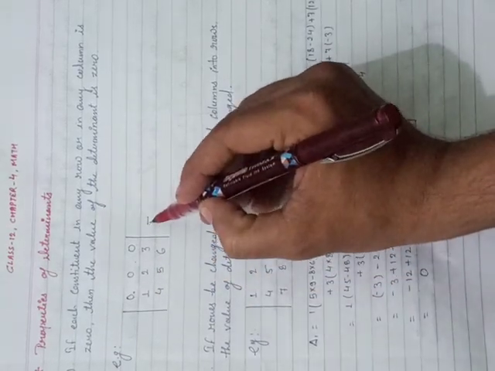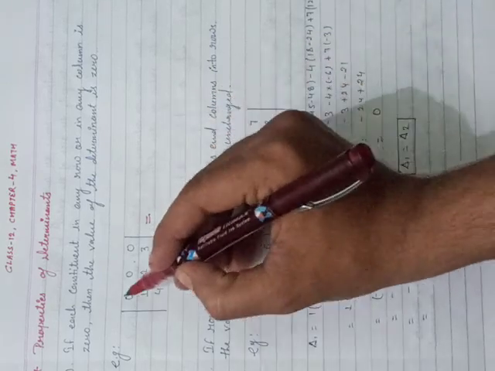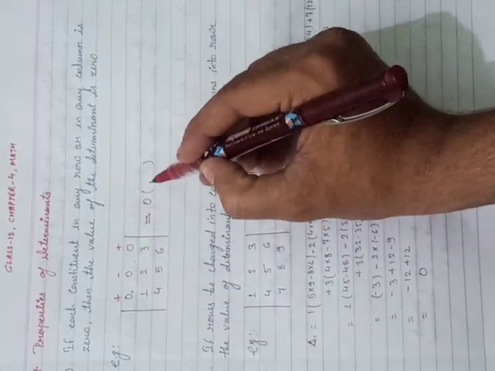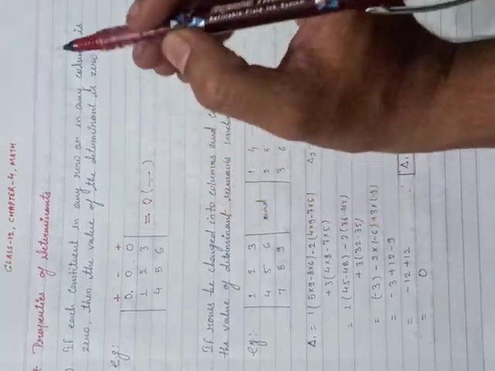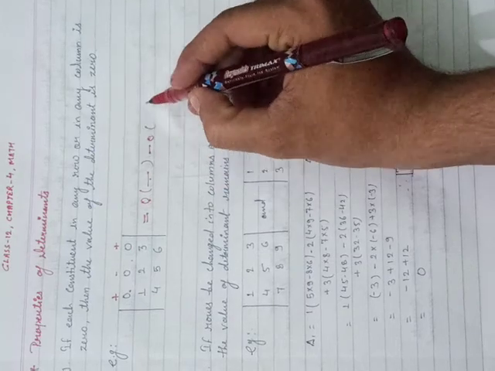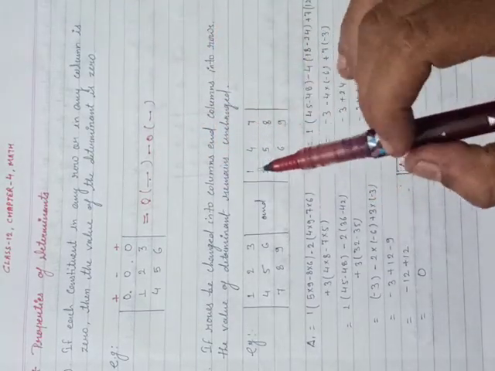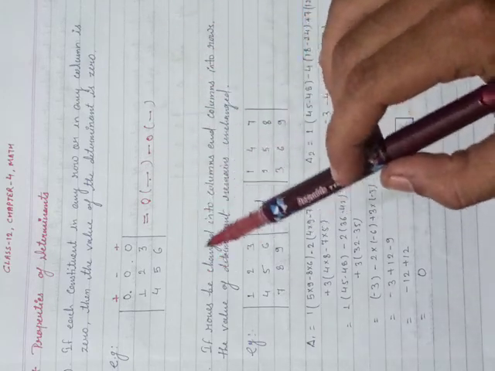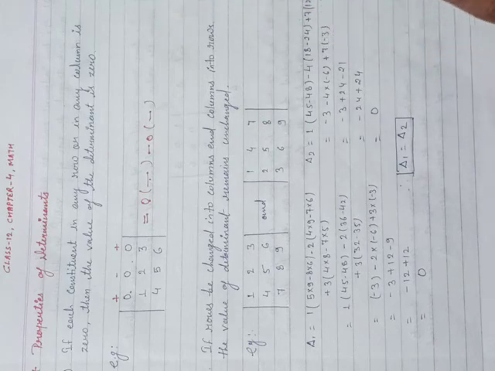If we try to solve it, as you know the signs will be plus, minus, plus, so 0 multiplied with whatever number comes must be 0, then minus, then this 0 with whatever comes again. Similarly, whenever the constituents in any row or in any column are 0, the value of the determinant must be 0.